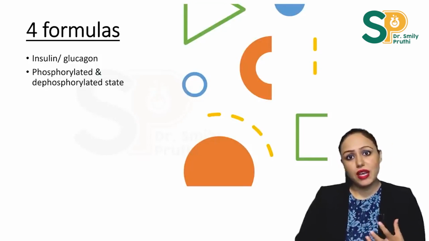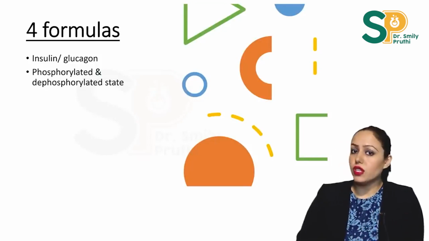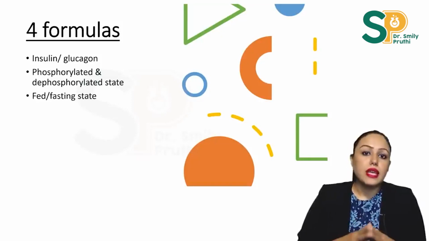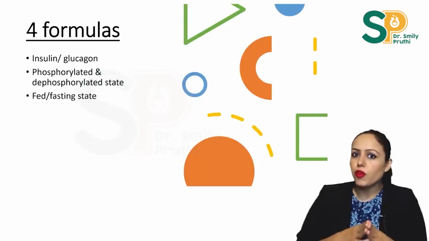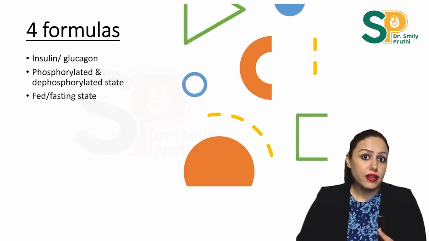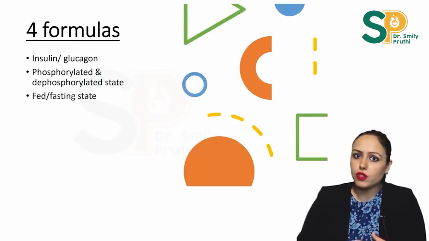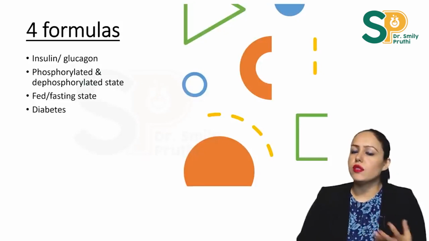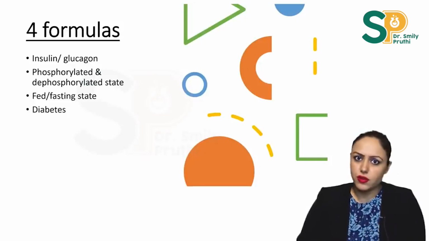Then which enzyme is active in the phosphorylated state and which in the dephosphorylated state, that also can be done by the formula. Then fed and fasting state: you should understand the concept of the fed and fasting state, and then you can solve all the biochemistry questions asked on diabetes, because the diabetic situation is the same as the fasting situation, right?